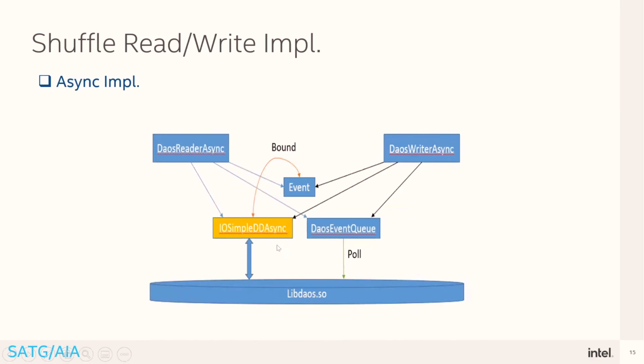Same as Hadoop DAOS, we use an asynchronous simple data description, IO description, and we get an event from the DAOS event queue, and bind them together before calling the asynchronous API. Then we poll its completeness from DAOS.